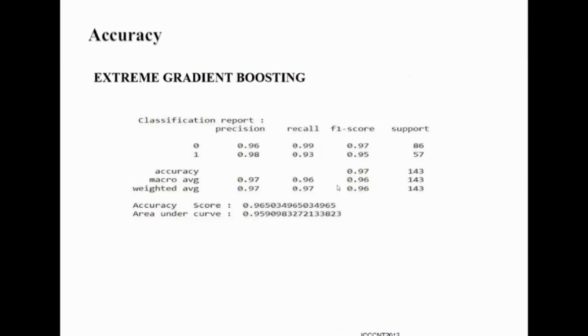Yes, this is the accuracy level which we got while executing extreme gradient boosting. These boosting techniques improve the accuracy level compared to support vector machine, random forest, and decision tree. Boosting is not only useful for improving accuracy; it also improves our area under the curve and the remaining parameters.